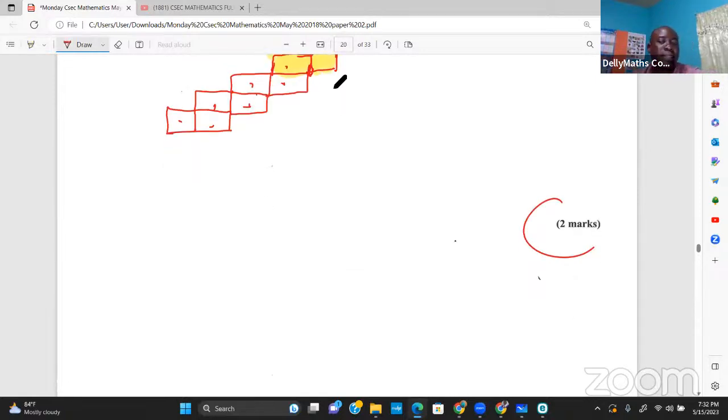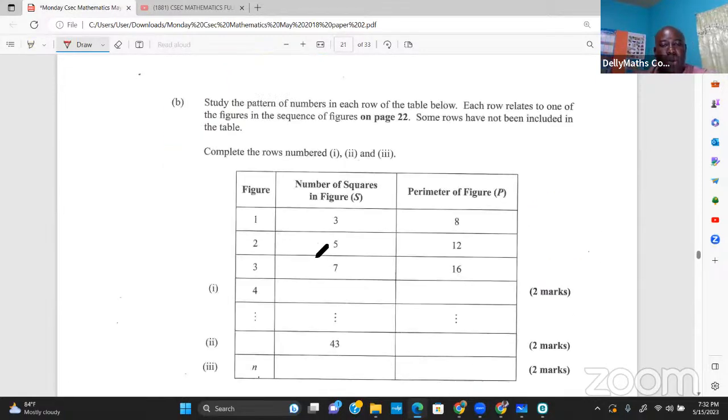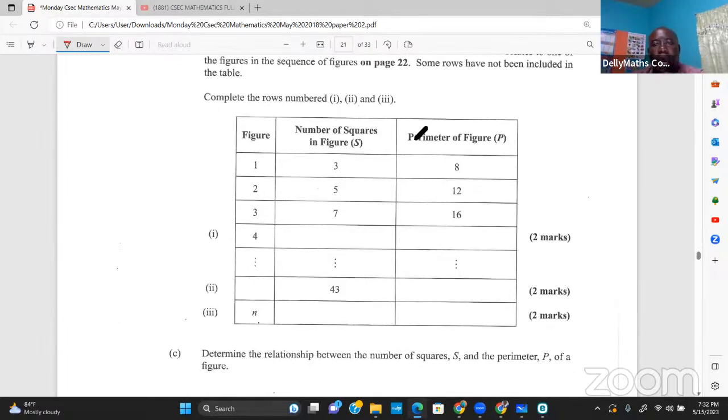Now you're going to go to the table, where the question is saying, study the pattern of the numbers in each row of the table below. Each row relates to one of the figures in the sequence. Some rows have not been included in the table. So they are saying they skip out some stuff.